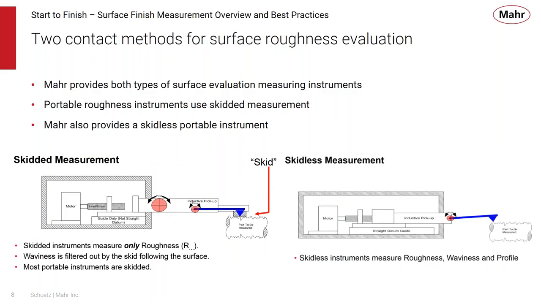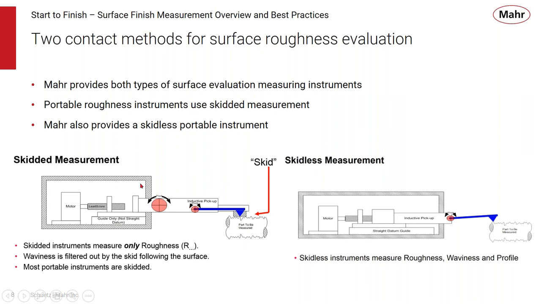Most of the equipment sold today is the contact method, and there are basically two different methods for doing that. Mahr provides both types of surface evaluation instruments, whether it be portable. Most of the portable ones use this skidded method.